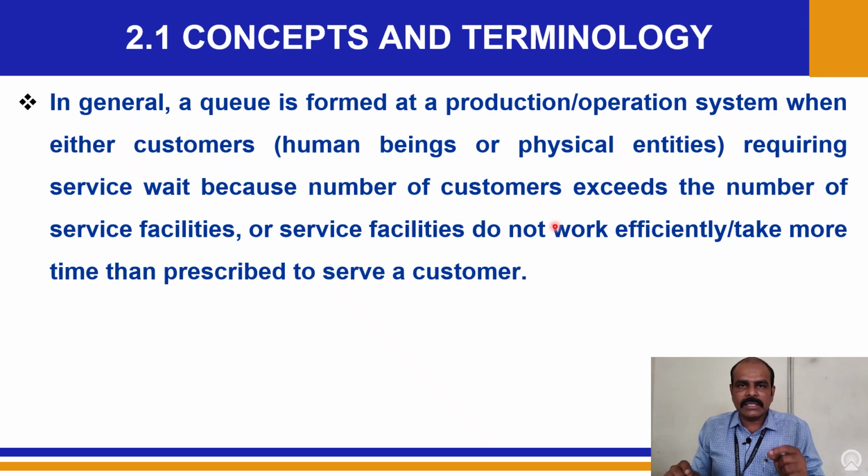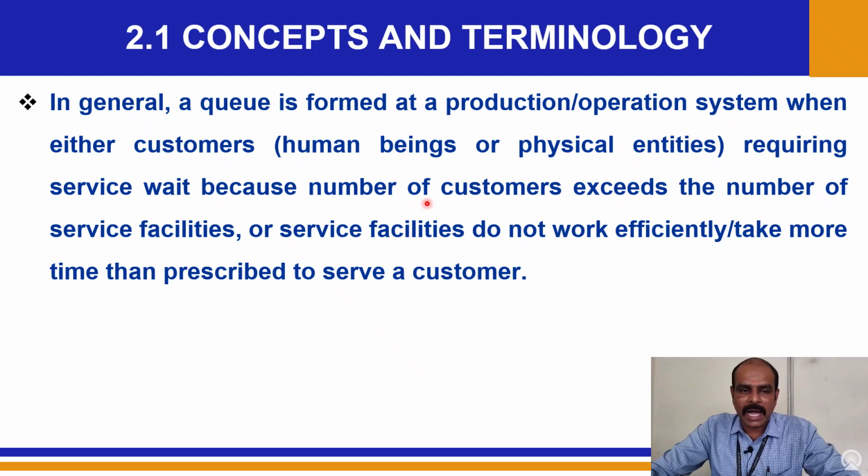So till then the service facility is going to wait. As a customer we are going to wait, and we are in want of service. So 2 reasons. Reason number 1, poor functioning of the service facility, that is the person who serves, and second thing is we don't have sufficient quantity of service.